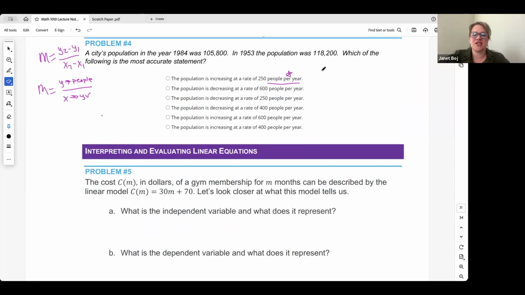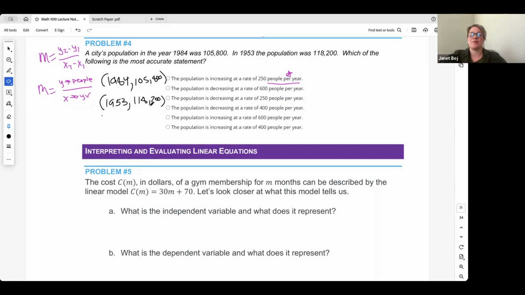A city's population in the year 1984, we know that's the x value. So that goes first. And then the amount of people is the y value, 105,800. Okay. And then they gave us this other ordered pair. In the year 1953, this was the population.